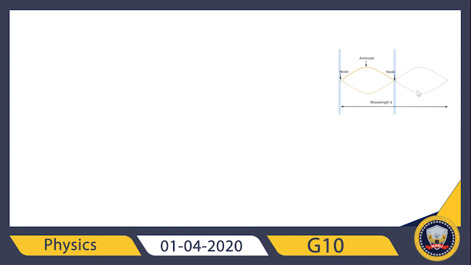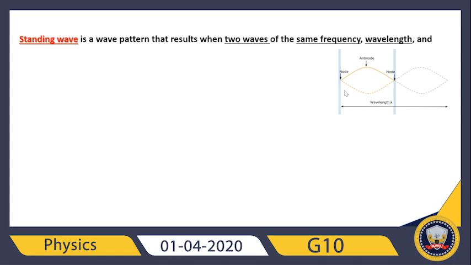A resultant wave occurs. Again, when we have two waves that have the same wavelength, frequency, and amplitude, traveling in opposite directions and interfering, overlapping I mean, the resultant wave is called a standing wave.